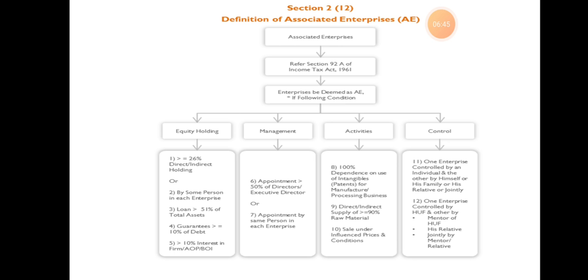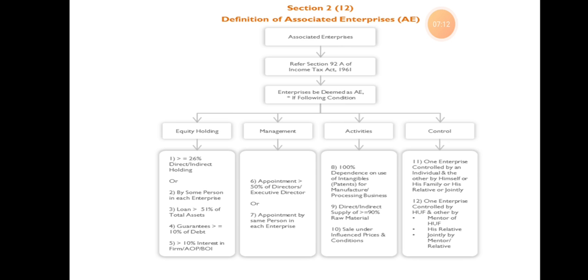Next, if we come to management, in case of appointment of 50% of the directors or executive directors by the same person in each enterprise, then it is deemed to be an associated enterprise.